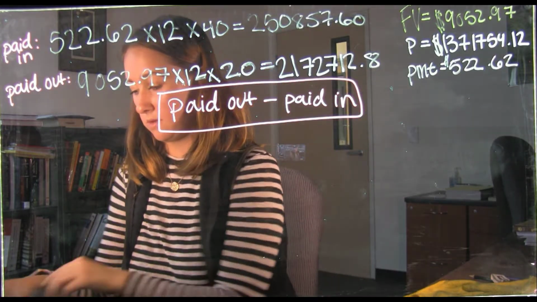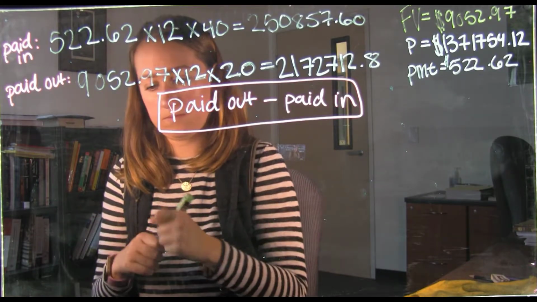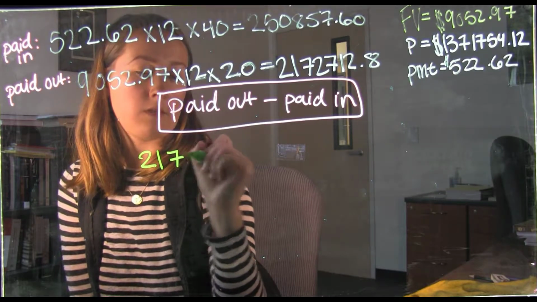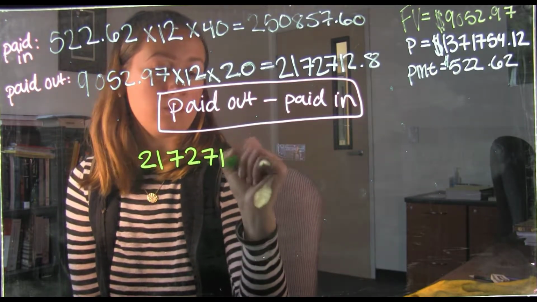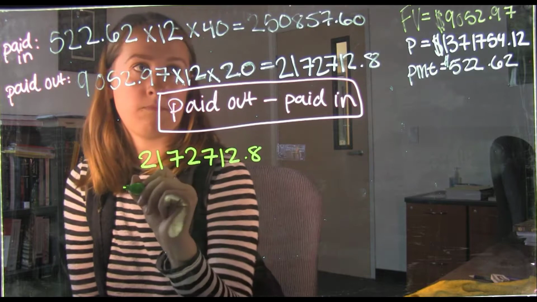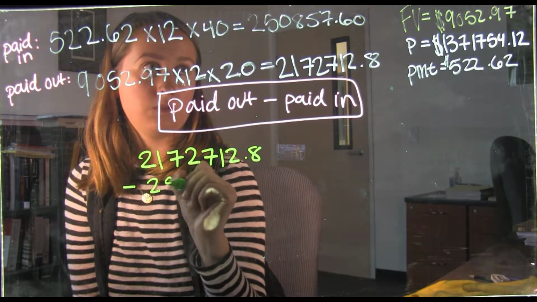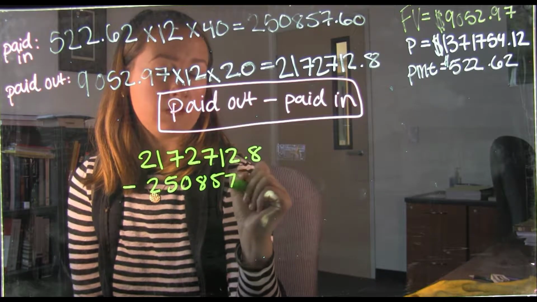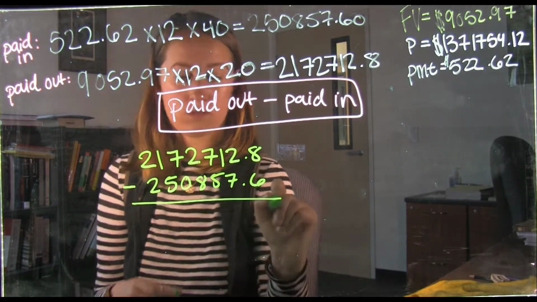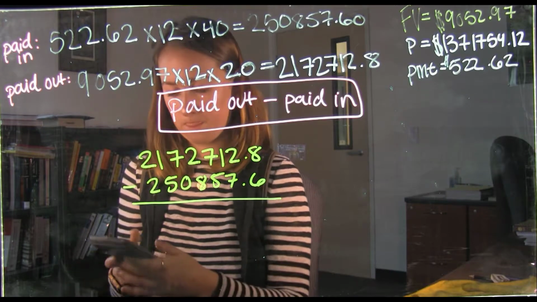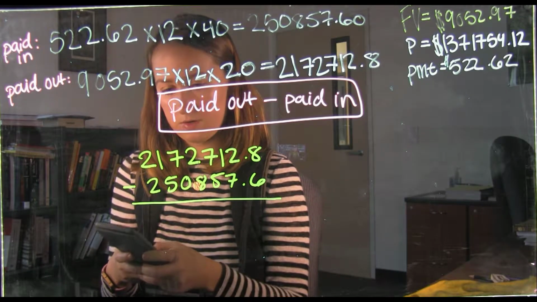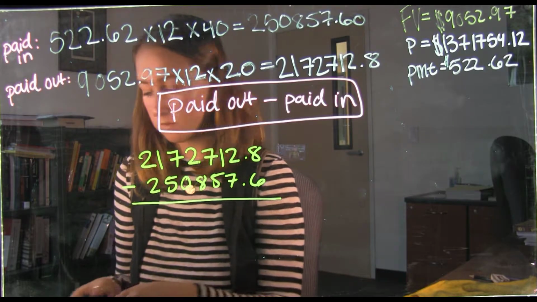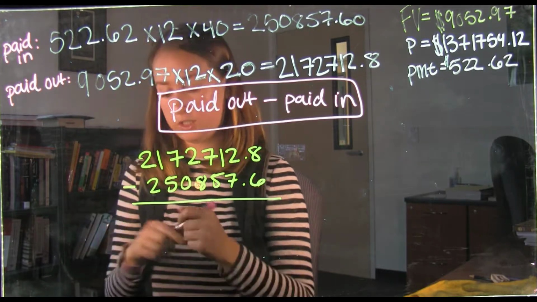So that's going to be 2,172,712.8 minus 250,857.6.